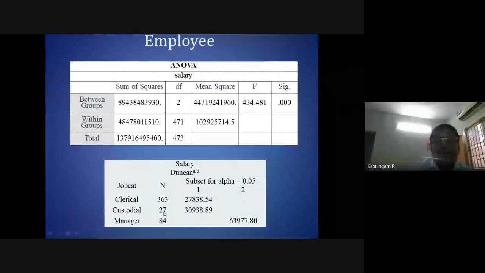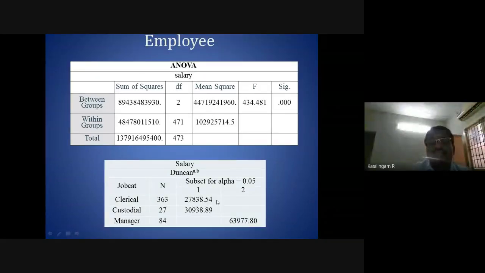Now, the first category and second category: 27, that is the average salary of clerical. 30,000 is the average salary of custodial. These two are under one group, which means between these two groups there is not much difference.